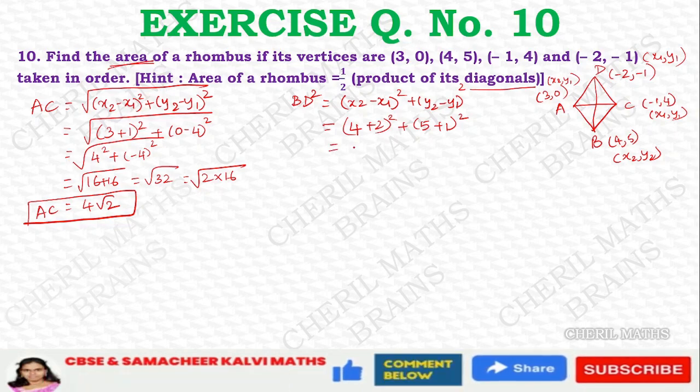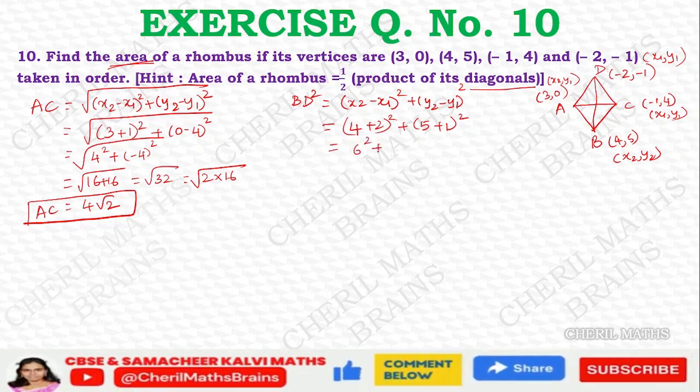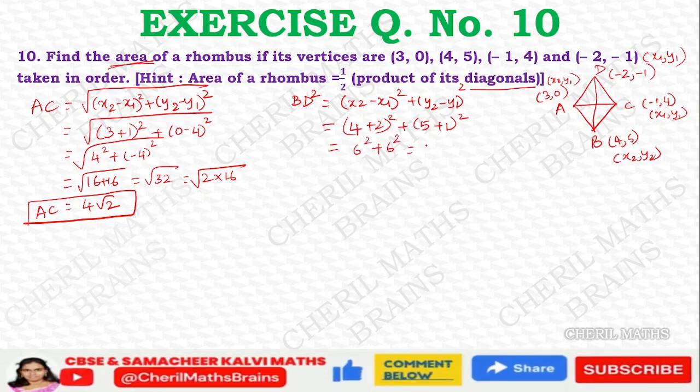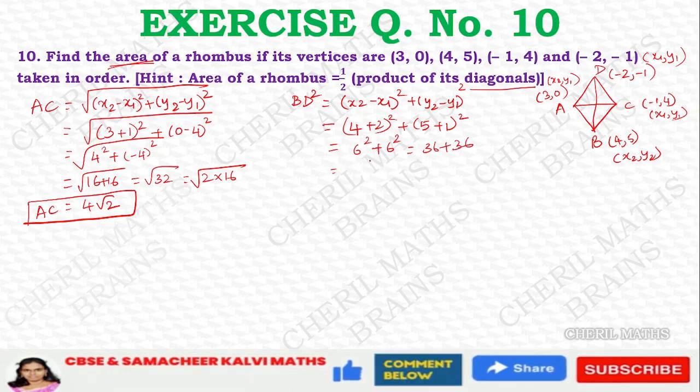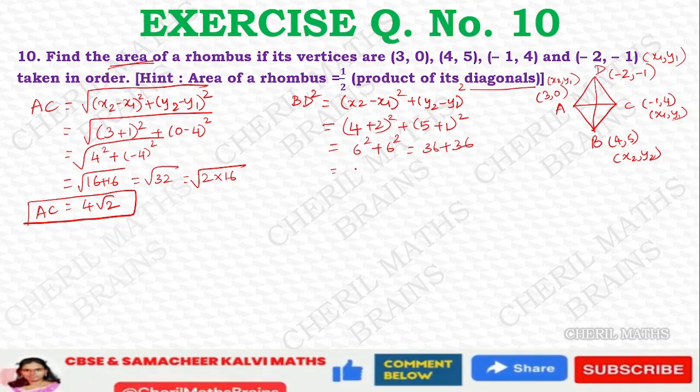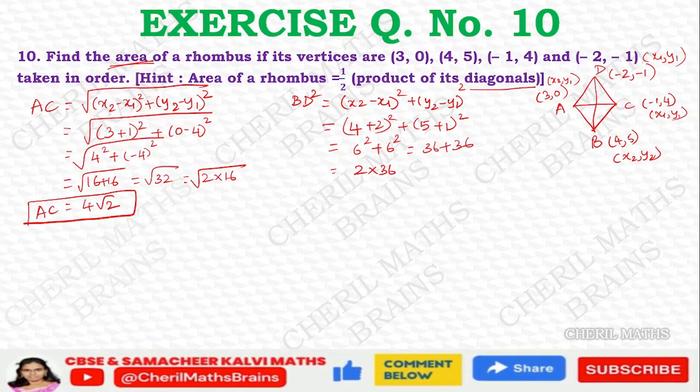So it will be 6 square plus 6 square, which will again be 36 plus 36. Okay, so this will be 2 times 36.